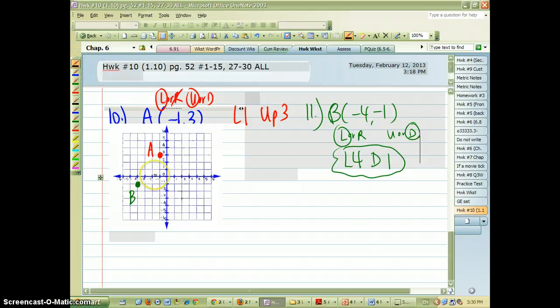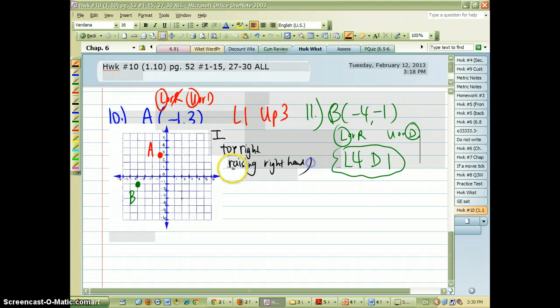Now in each of these as well, you will begin to notice they are also in a specific quadrant. Quadrant 1 is always in the top right corner, which I think of as raising your right hand. When you raise your right hand, that's going to be quadrant 1.